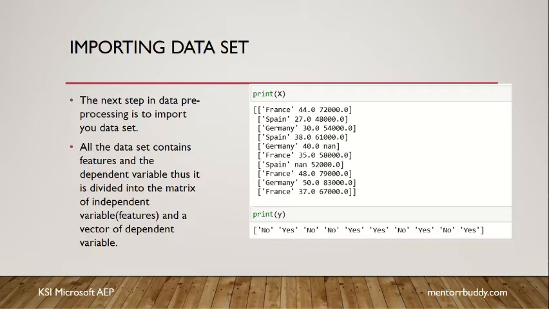X is a common term which we take for all the input features or all the input variables. Y is the common term which we take for the output column which we are looking for in case of supervised learning. In case of unsupervised learning and reinforced learning, there is no such thing as Y, so we only have X. That is why I said that we need to identify whether we have an output column in our dataset or not.